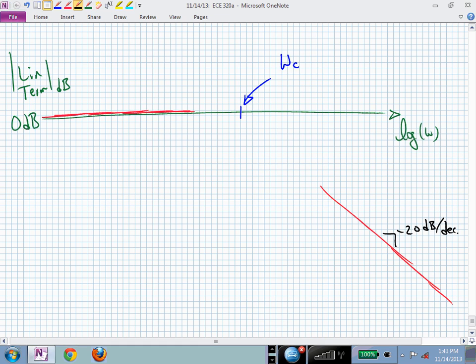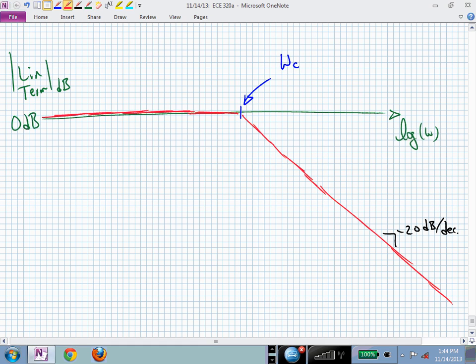And what we are doing is we're simply connecting those two straight line approximations, and we found that they intersected right at the cutoff frequency. And this is now our magnitude plot of a linear first order term in a Bode plot. It's flat until we hit the break frequency, and then we just go down at a slope of minus 20 dB per decade.